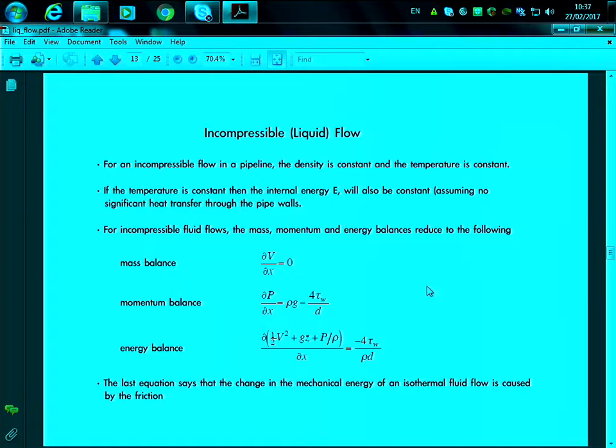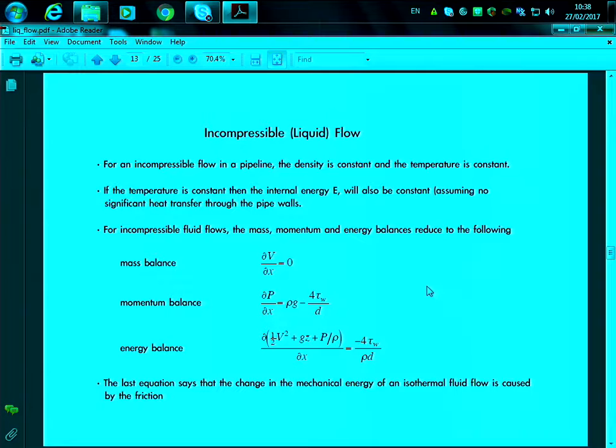And if we substitute these two into the overall energy balance that we saw previously, then we end up with this equation, okay? So if we substitute the mass balance and momentum balance in this equation that we saw here, then we end up with this much simpler energy balance, right?